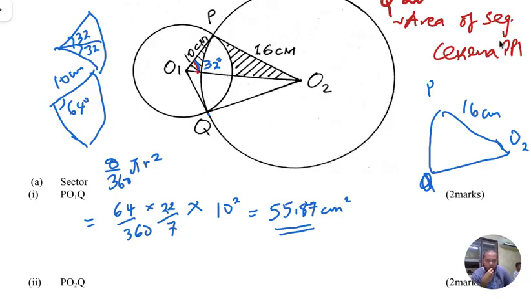So tutatumia vipi? Tutapata vipi answer yetu? Step 1, wachora this chord PQ. Ukichora this chord PQ utapata hapa ni 10 cm, utapata triangle hapa. Triangle yenyewe yafanana hivi.